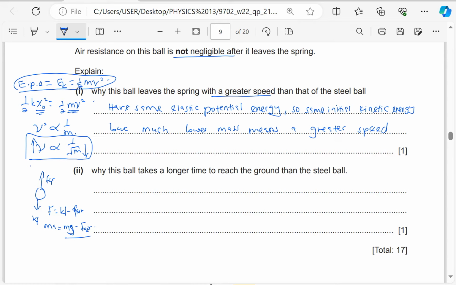Also note that the mass has decreased, so a lower mass also means a smaller weight. So the average vertical component of the resultant force is going to be smaller, and therefore the vertical acceleration is also going to be smaller.